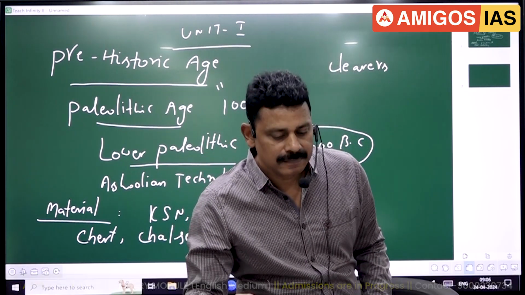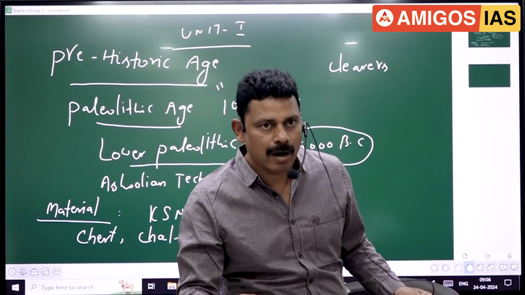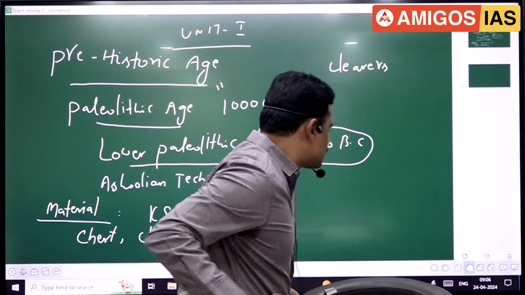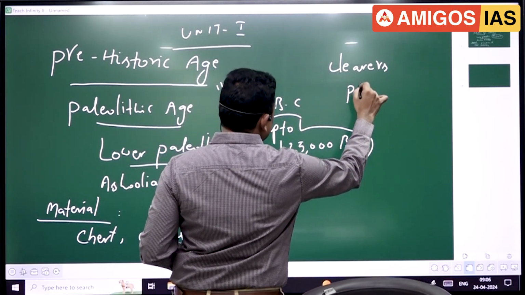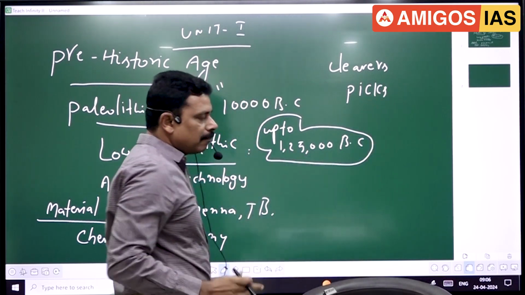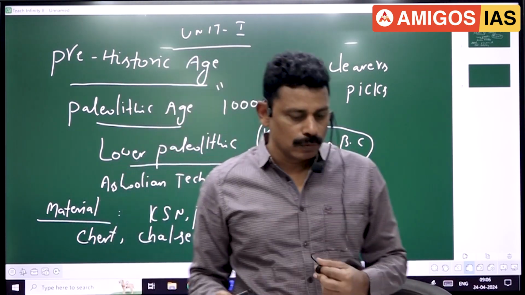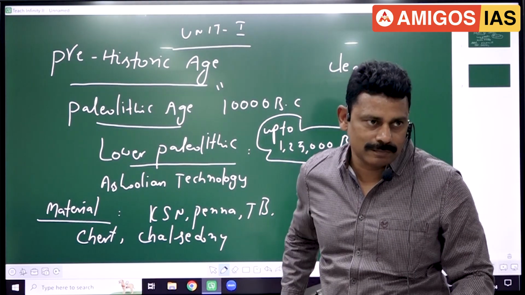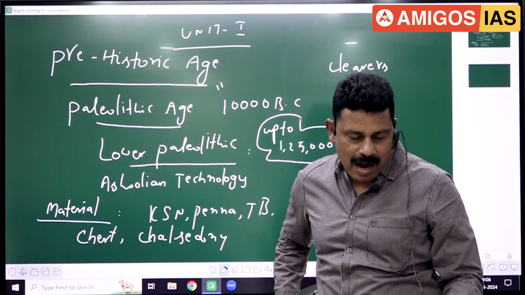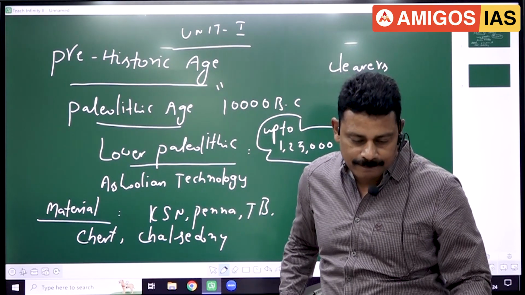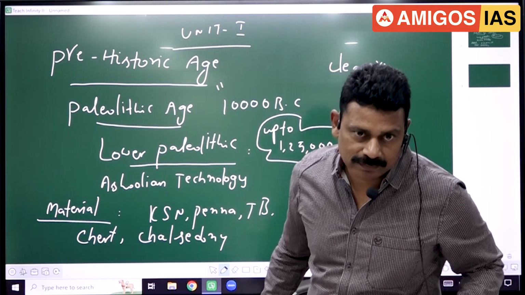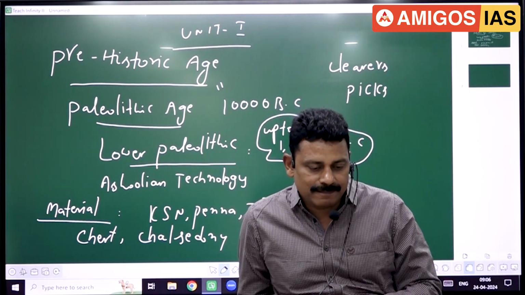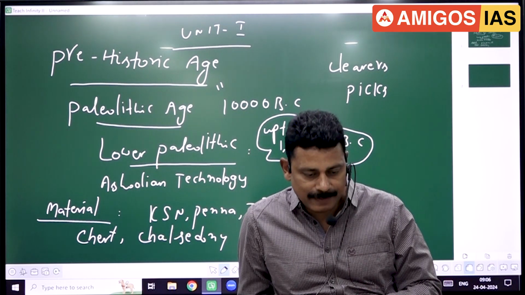Flakes, chopping tools, and picks, P-I-C-K-S. Picks, we call them palugu. Cleavers means gandragoddallu. Hand axes means cheti goddalli. Flakes means pechulu. So these were the popular tools we have found as far as the Paleolithic people are concerned.